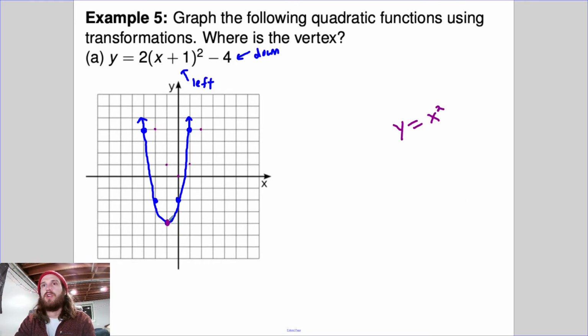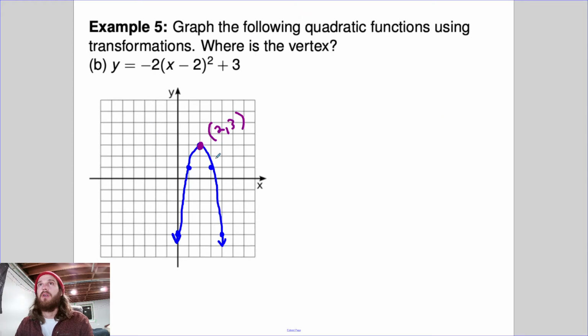And you can see the vertex here, which is negative 1, negative 4. Now, what you may notice is a pattern between the left and right shift and the vertex.